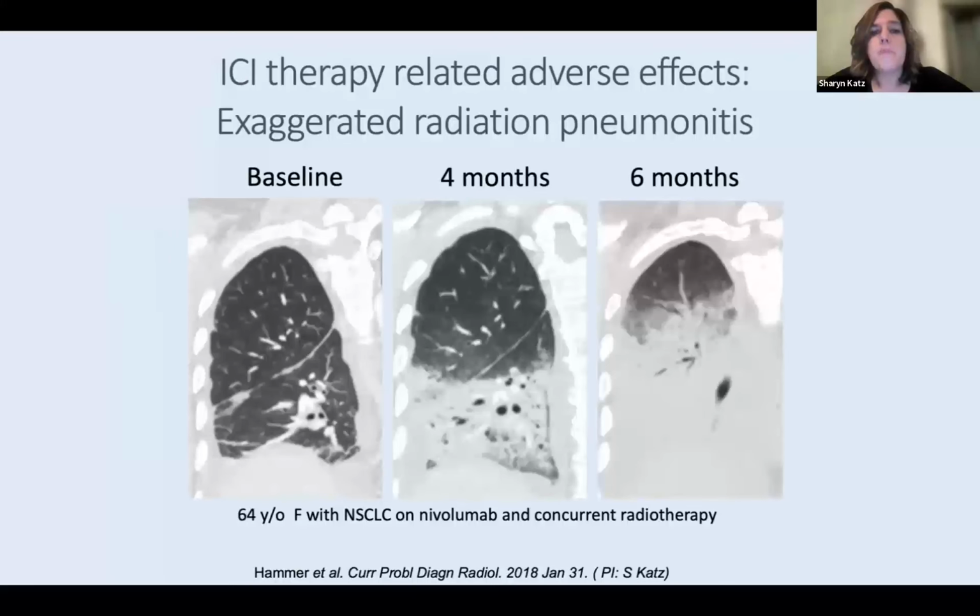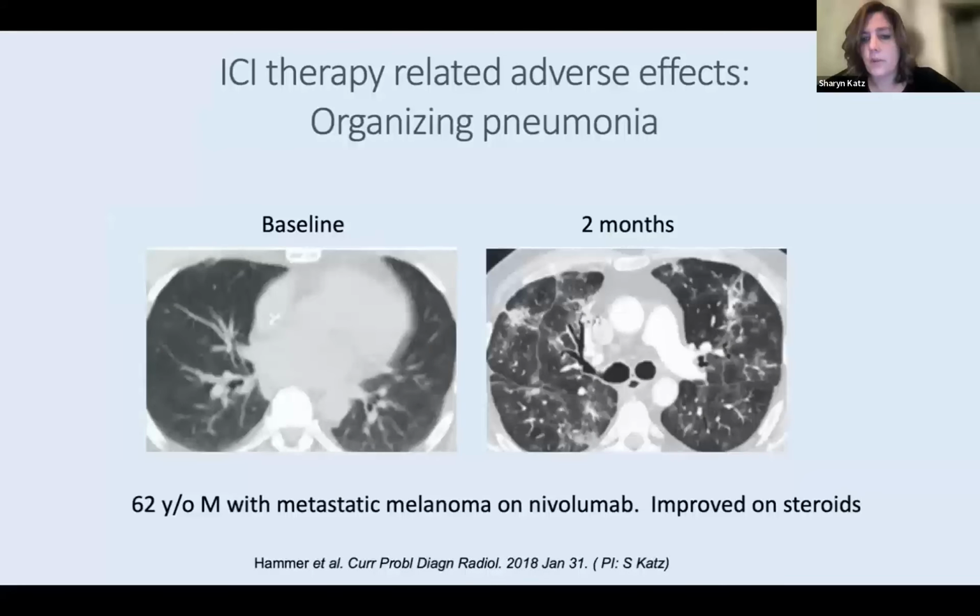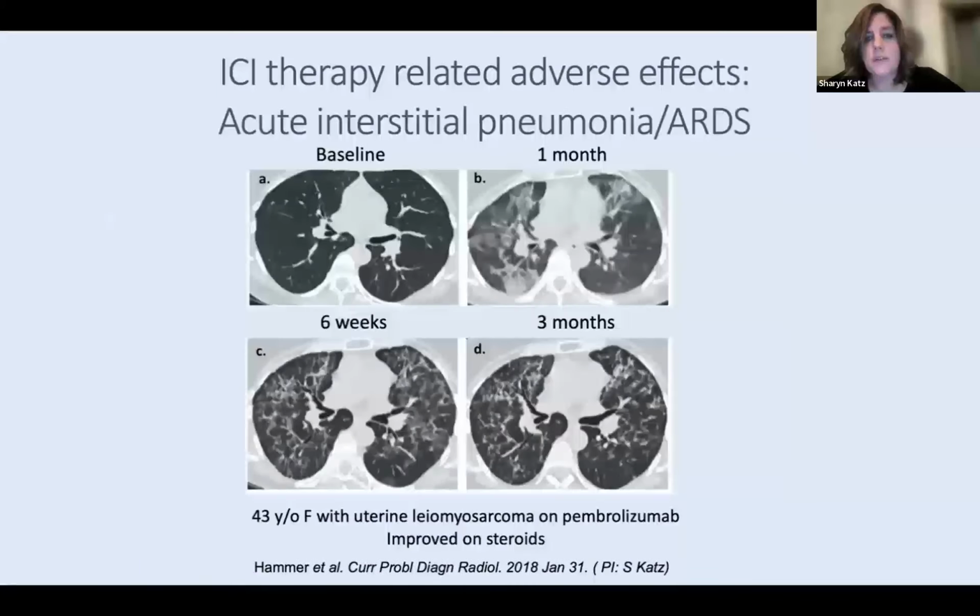So that's the drug-induced pneumonitis. One thing before I move on: one of the things we were going to talk about is how to differentiate ICI-induced pneumonitis from radiation. In all of these cases, you can see there's typically bilateral involvement.